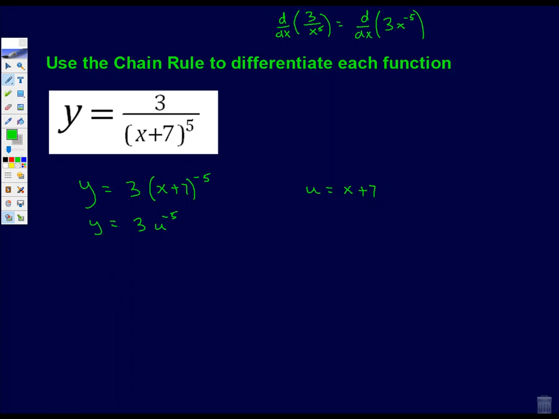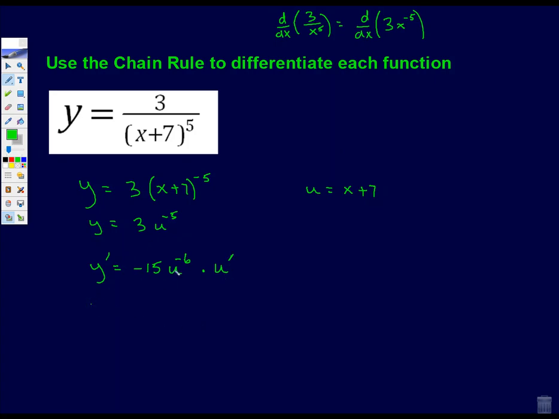Now I see it in a more basic form, and I'm going to apply the general power rule. So y prime, I bring the power negative 5 down, multiply by 3, so negative 15. Decrease the power by 1. Be careful, negative 5 minus 1 is negative 6. And then we multiply by u's derivative.